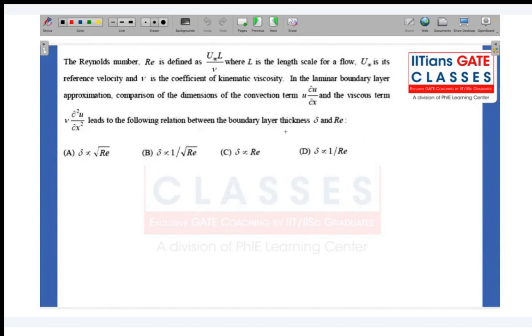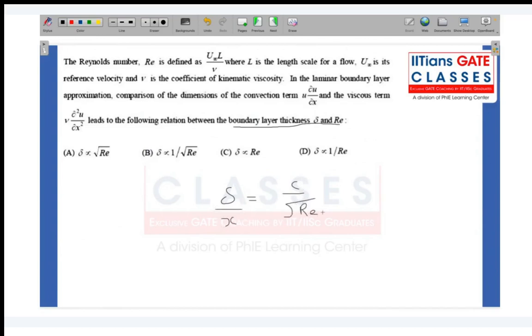So they're asking what the relationship is between boundary layer thickness and the Reynolds number. And we know from Blasius's solution that delta by x is nothing but some constant divided by root of Re x.